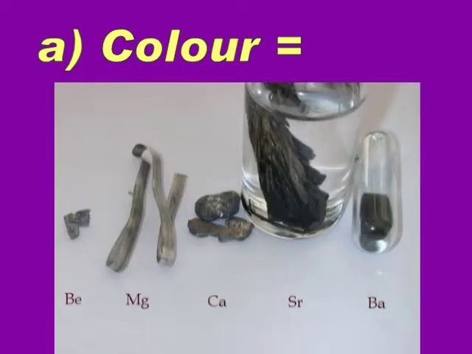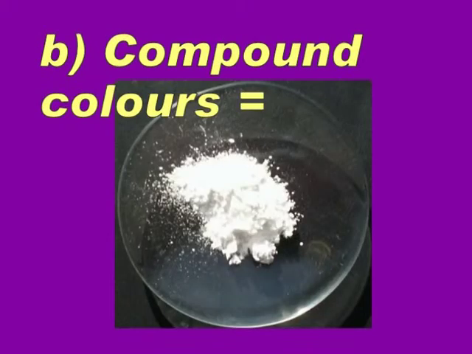Now you can list some of the properties of these alkaline earth metals. First, write the colour of these metals. Second, the colour of their compounds.